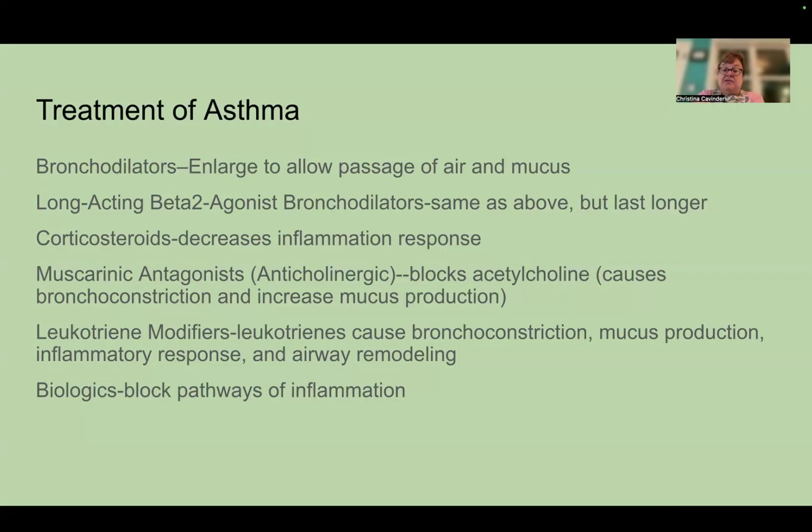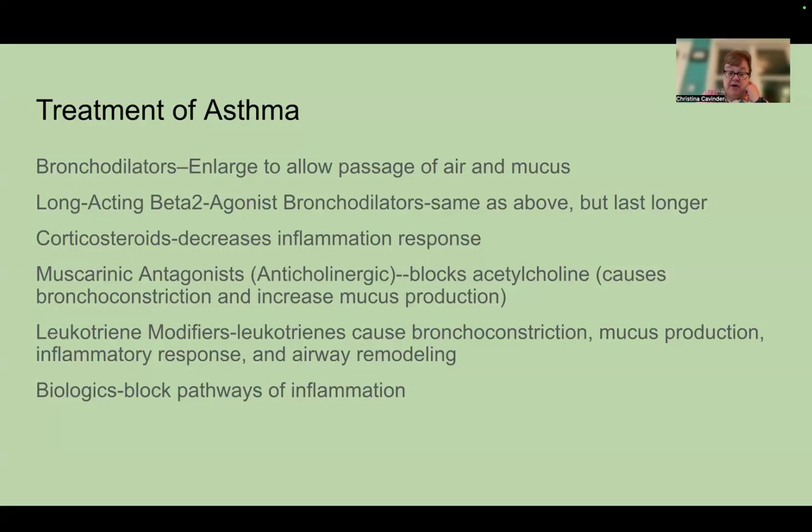Glucocorticoids decrease that inflammatory response. Muscarinic antagonists are anticholinergic, so they block acetylcholine. Acetylcholine causes bronchoconstriction and increases mucus production, so it's blocking that response. Leukotrienes cause bronchoconstriction, increased mucus production, that whole inflammatory response again, and over time they cause airway remodeling, which can lead to fibrotic tissue.